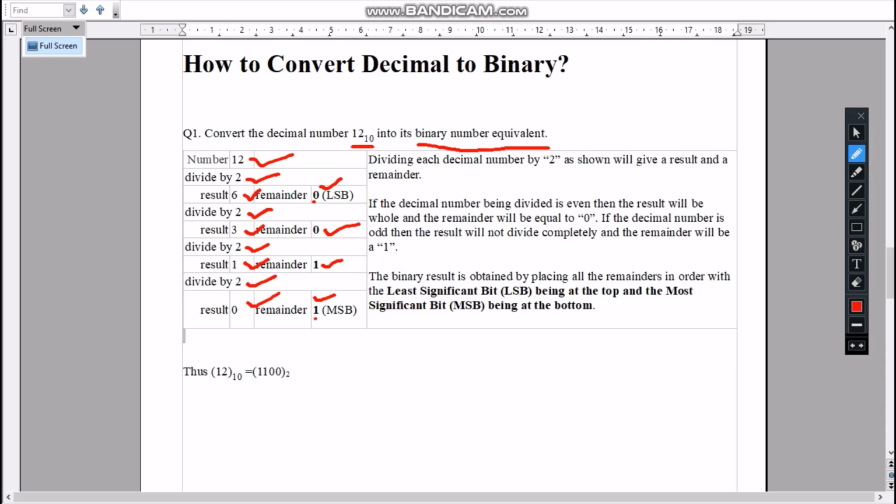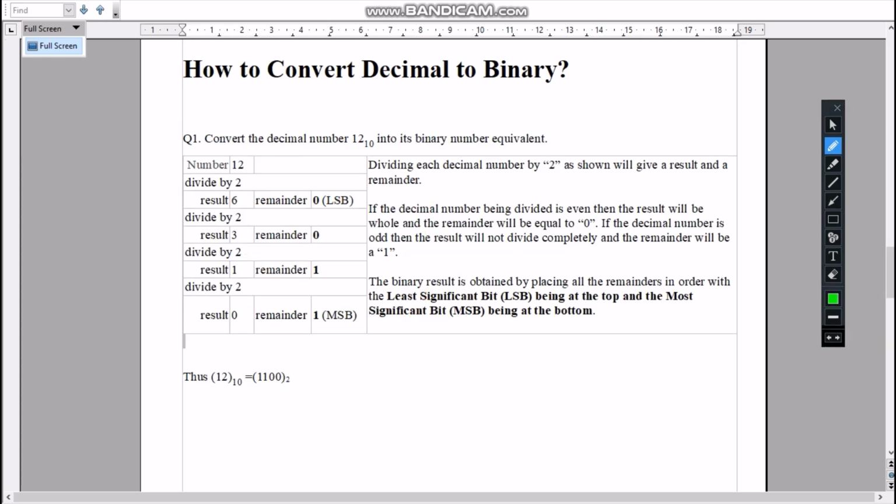Here this number is also known as MSB, that is most significant bit. So our answer is 1 1 0 0. So here you can see 12 having base 10 is equivalent to 1100 having base 2.